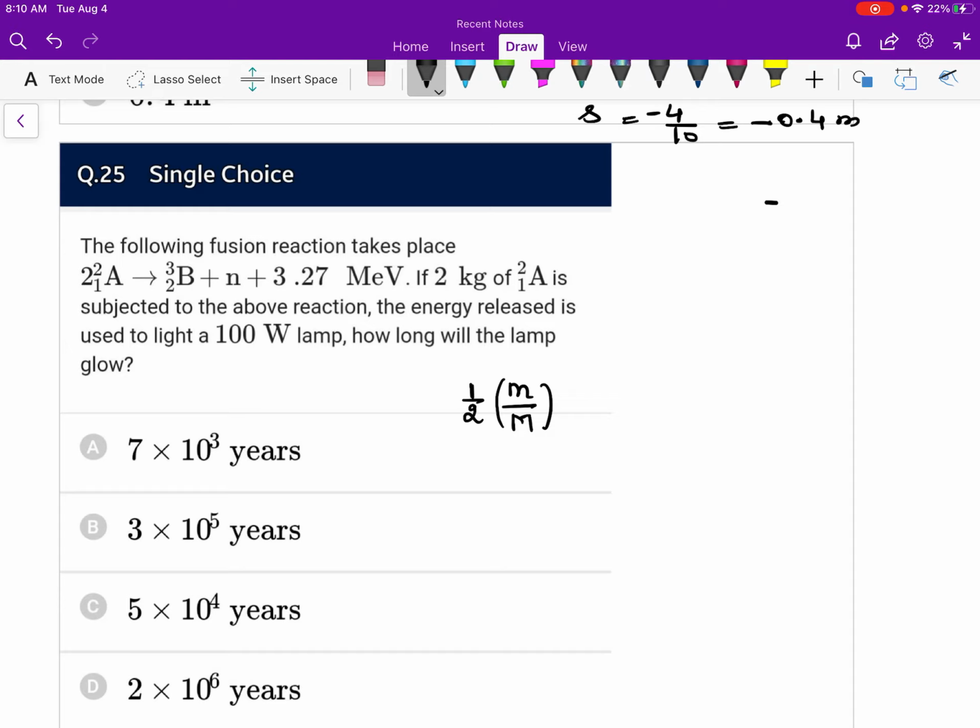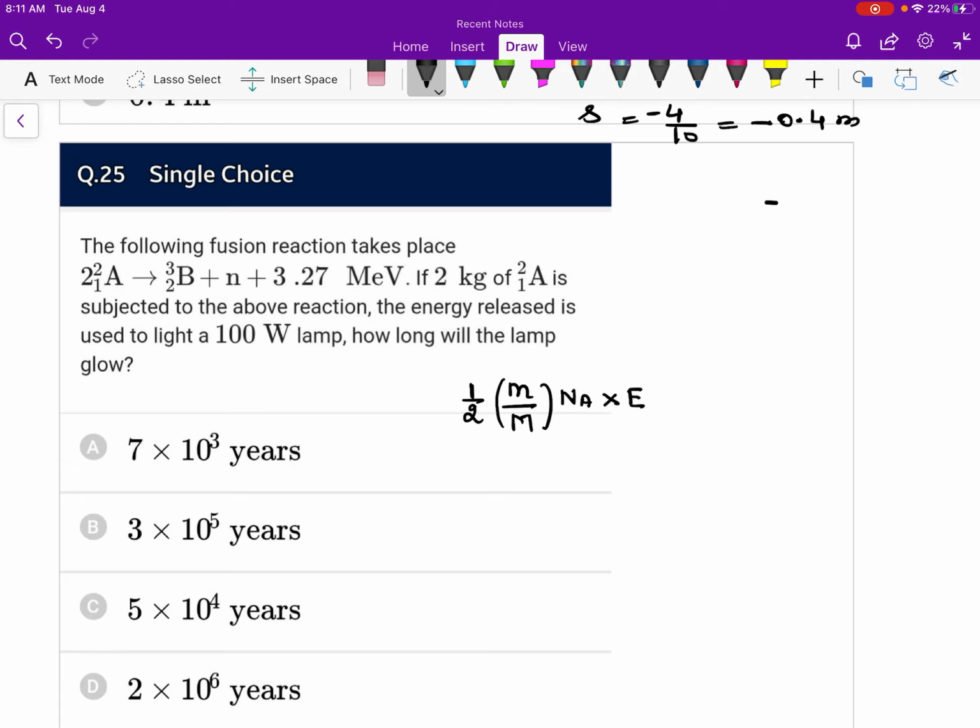Each reaction produces capital E energy. So number of moles into Avogadro number gives the number of atoms, and we need to use 2 atoms, so 1 by 2. So these are the number of reactions, and each reaction produces capital E energy.